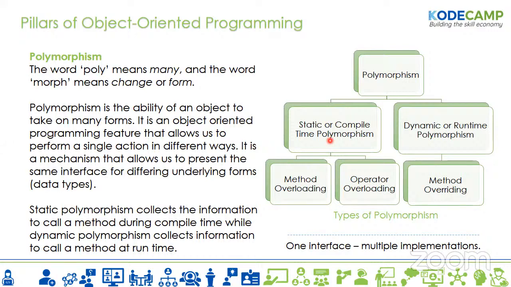So the information it needs to call a method, all the parameters and things it needs, it collects during compile time. So that's why it's called static. Now, dynamic polymorphism collects the information to call a method at runtime. Okay, so that's dynamic or runtime polymorphism.